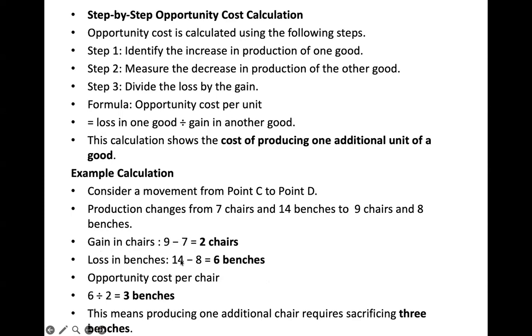When it comes to the losses, it's the 14 benches minus the 8, giving you 6. Then the 9 chairs minus the 7 will give you 2 chairs, which is the gain. So when you want to know the opportunity cost, it's dividing the losses by the gain. So the opportunity cost is what? 3 benches.